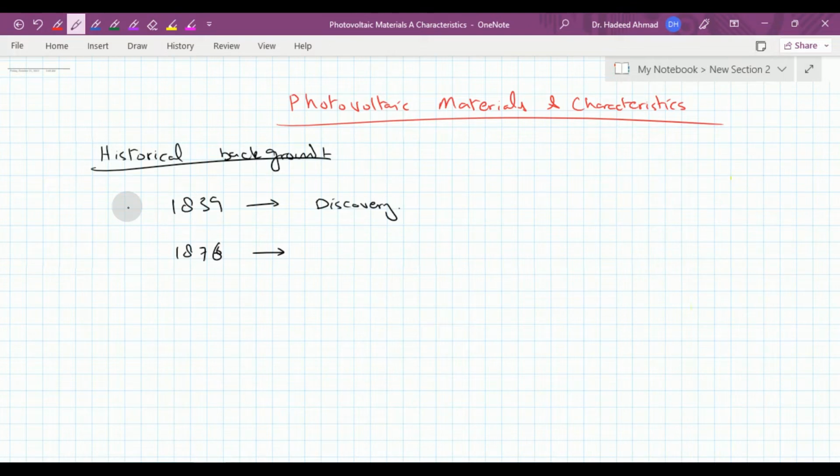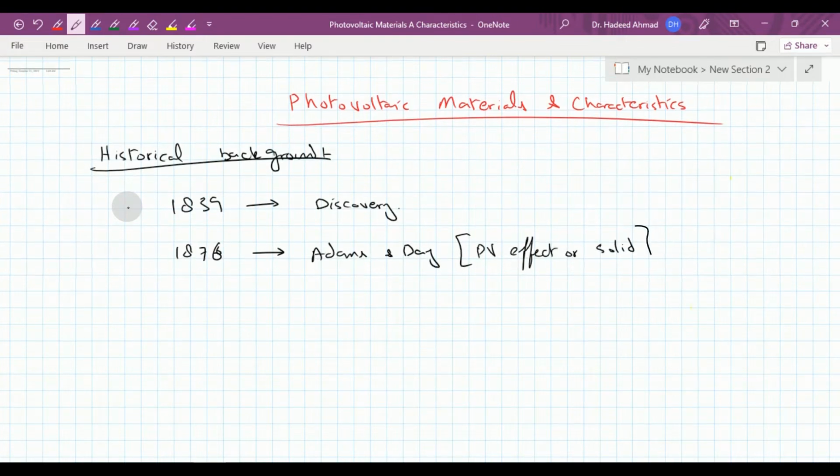The difference between the pioneering work by Edmond Becquerel and this work by Adams and Day was the PV effect on solid material.